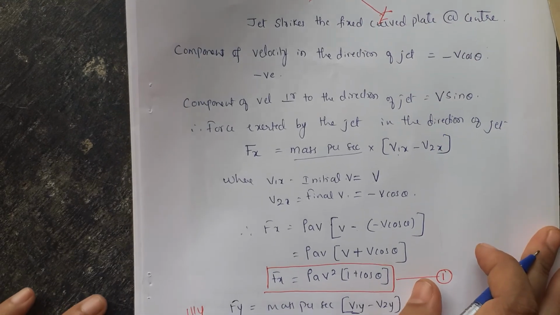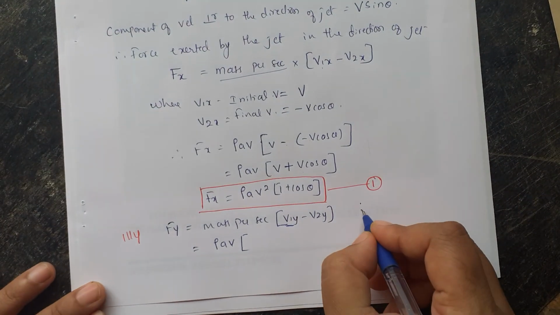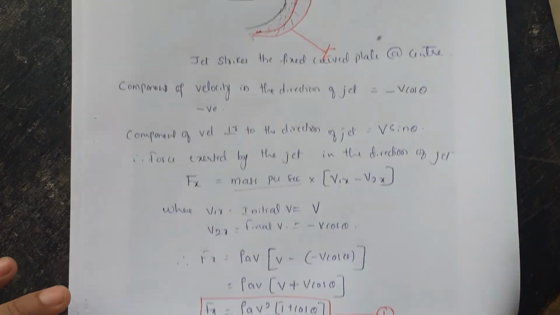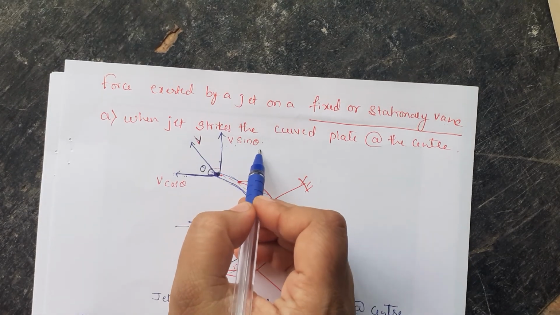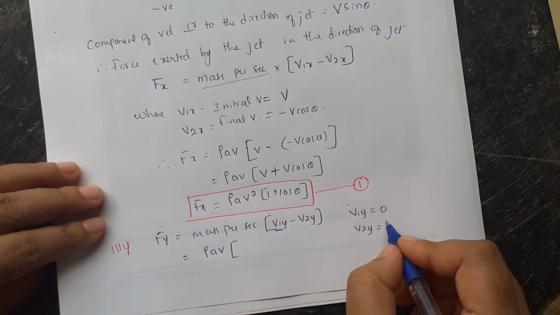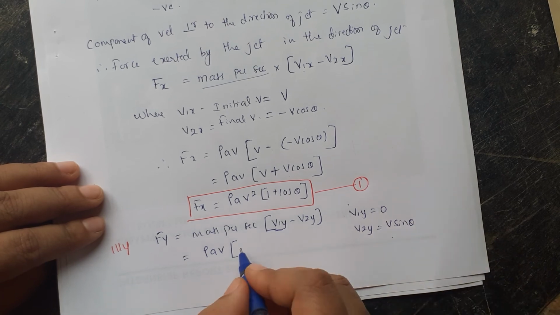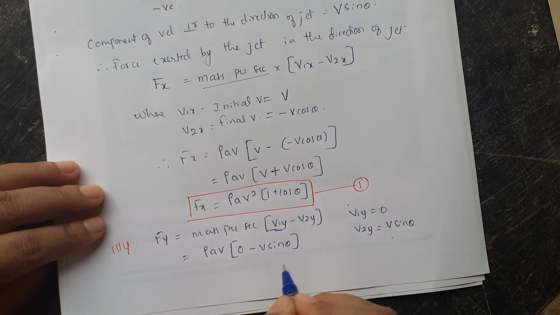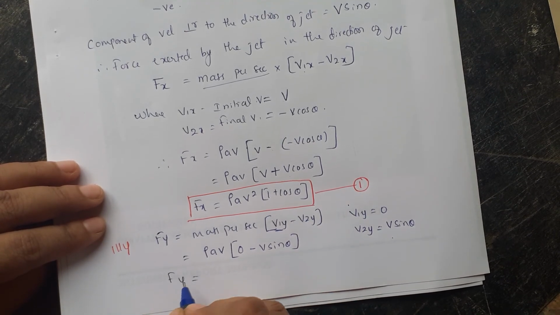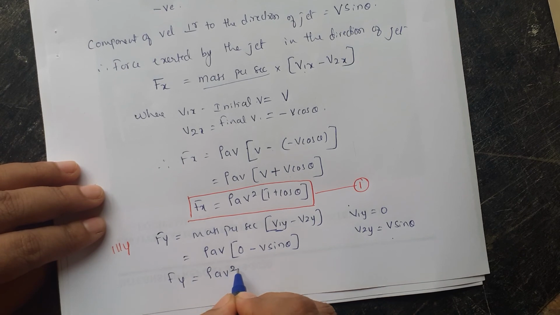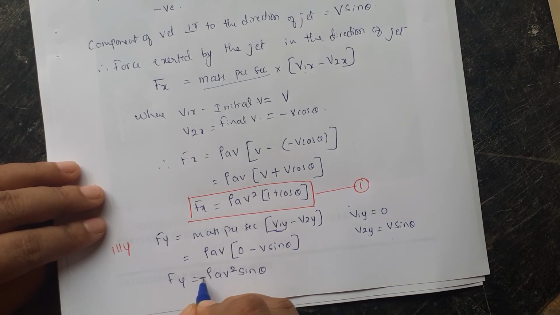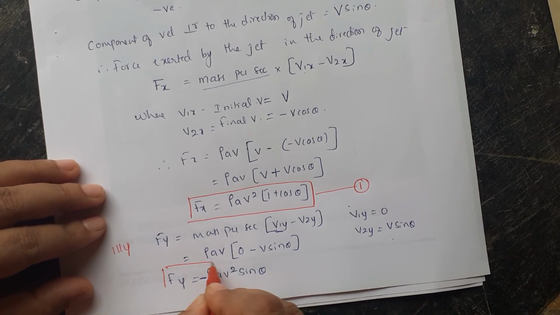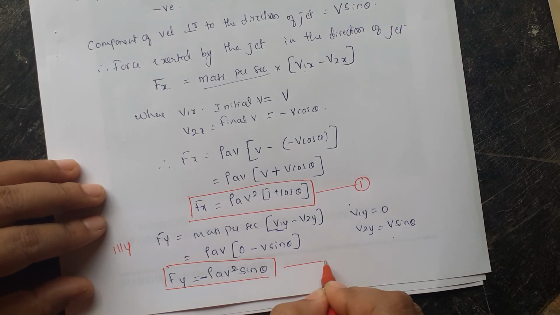So v1y is equal to 0 and v2y, the final velocity, is how much? v sin theta. So therefore 0 minus v sin theta. So Fy is equal to minus rho a v square sin theta, a negative value. Let it be equation 2.